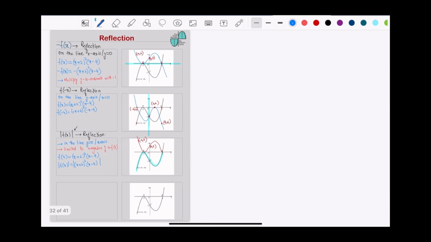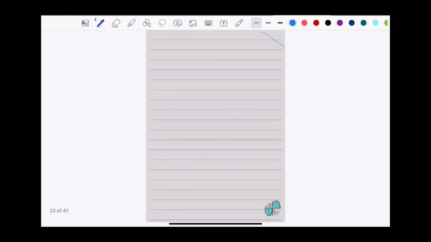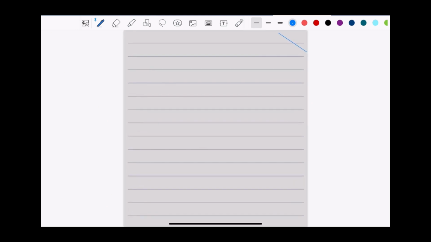So in today's lesson, we talked about transformations related to stretches, translations, and reflections. If we have to summarize and write our rules, we can write it like this.